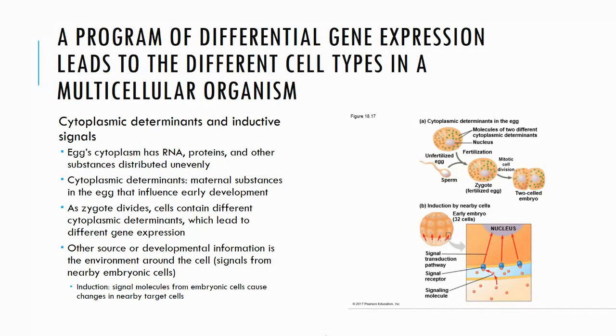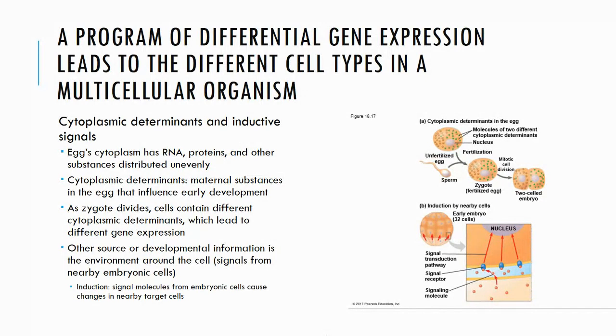And to look more into that, we're going to look at cytoplasmic determinants and inductive signals. The egg cytoplasm has RNA, proteins, and other substances that are distributed unevenly across the egg. Cytoplasmic determinants are the maternal substances in the egg that influence early development.